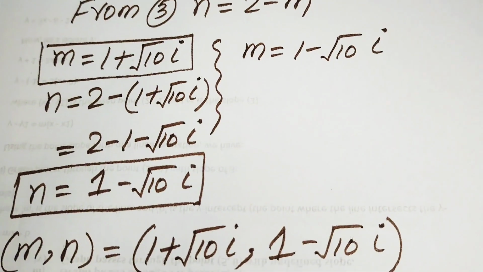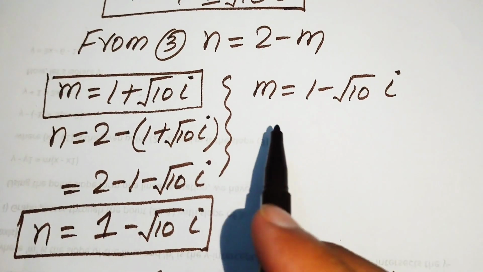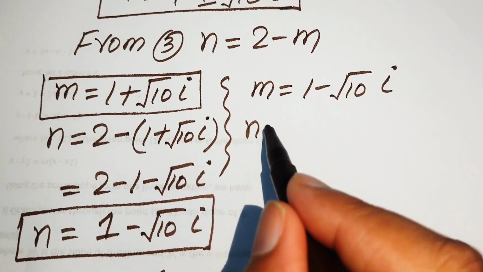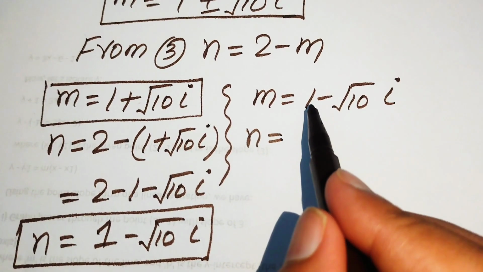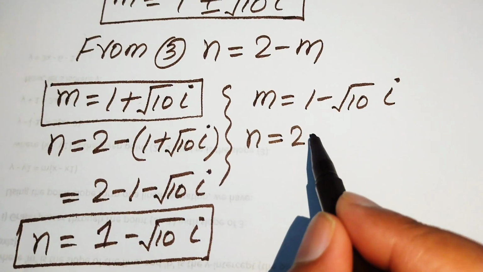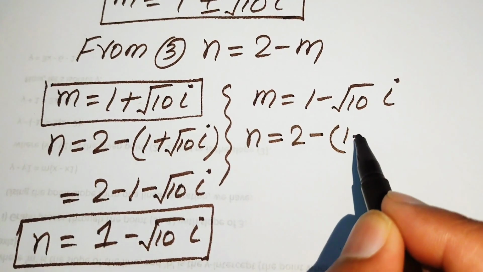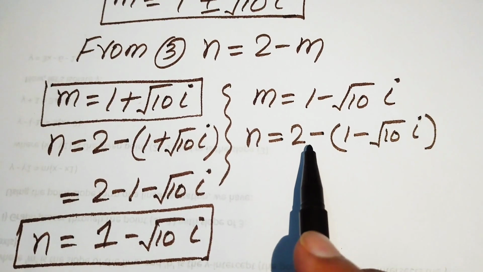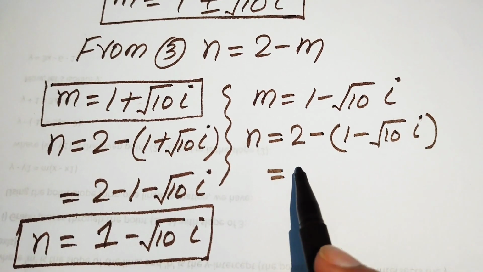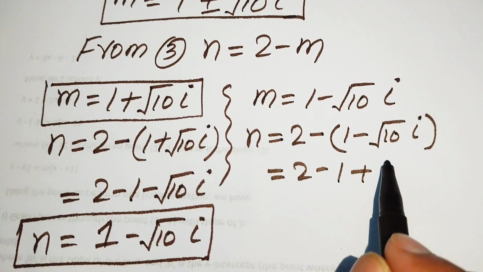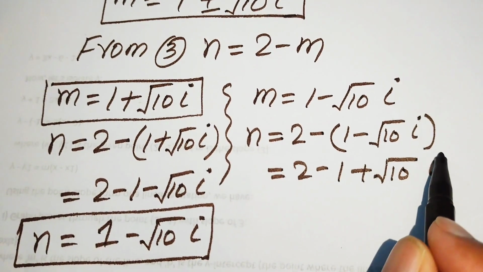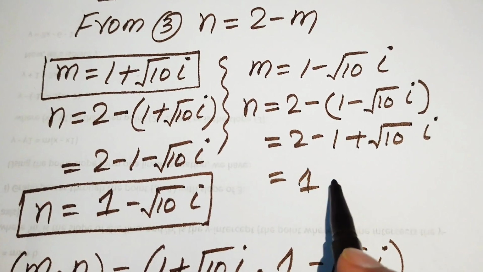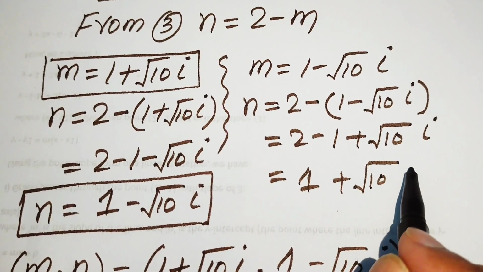And now we move towards our second case, and in this case we substitute this value of m in this equation, and it will be written as n equals 2 minus m, and 2 minus the value of m, which is 1 minus square root of 10 iota. Here we again multiply this negative sign, and it will be written as 2 minus 1 plus square root of 10 iota, and we know that 2 minus 1 equals plus 1 and plus square root of 10 iota.